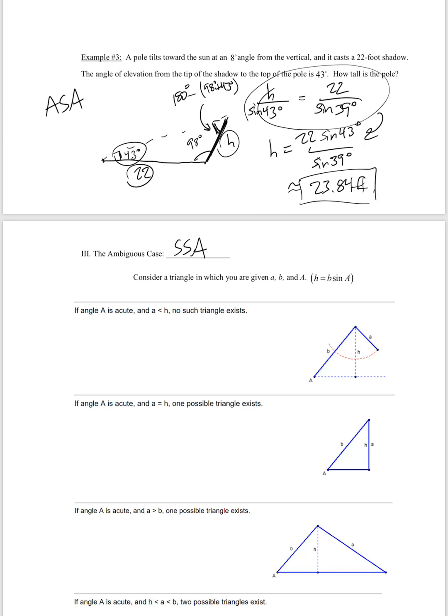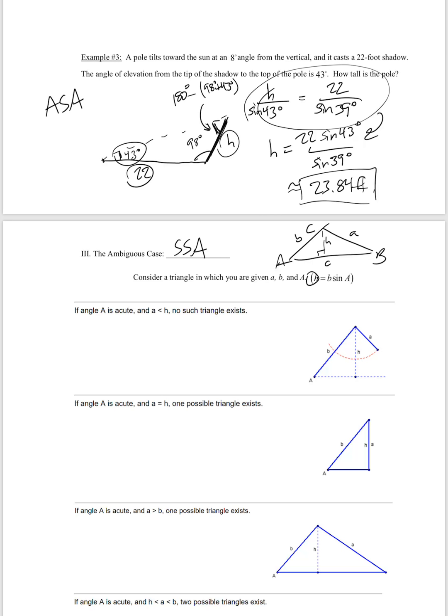So let's consider a triangle where we know two side lengths and an angle opposite one of them. So again, from our derivation of the law of sines, we know that the height of the triangle, that h right here, is b times the sine of a. So if you want to see what I mean by that, let's call that a, b, c, and then that's c, a, and b.